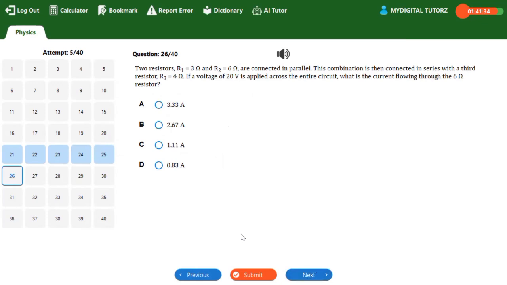So moving to question 26. Question 26 says, two resistors: R1 is 30 ohms, and R2 is 6 ohms. They are connected in parallel. What should come to your mind first? Quickly, you just do side-by-side placement of the resistors.